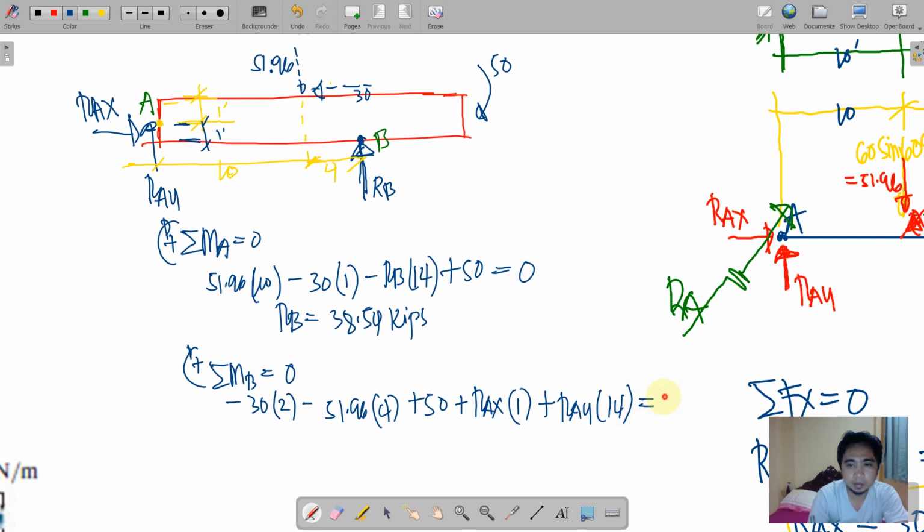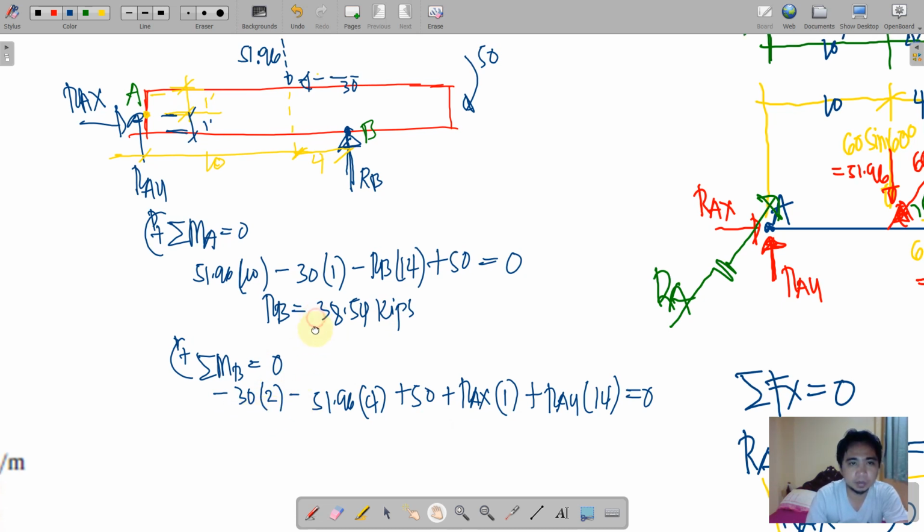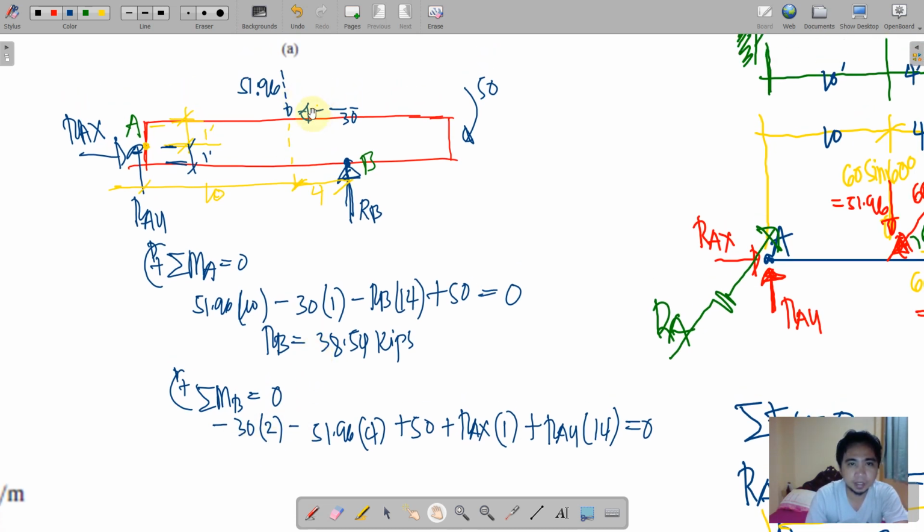Did you get that one? So, let us have a recap. Negative 30 times 2. Where's that? This one. This is a counterclockwise rotation from B. And 30 from B, the perpendicular distance is 1 plus 1, 2. 51.96, a counterclockwise moment times 4.